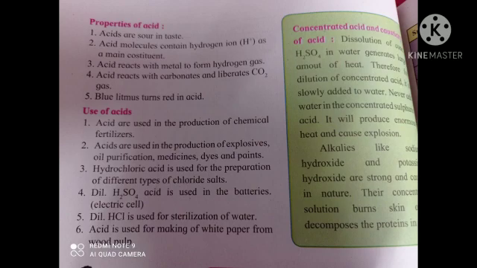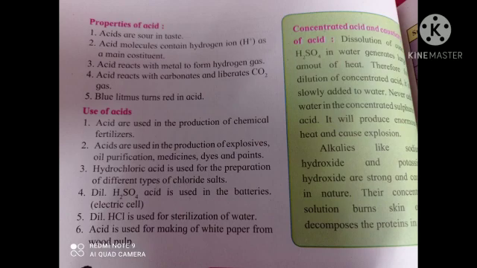Use of acids. Acids are used in the production of chemical fertilizers. Acids are used in the production of explosives, oil purification, medicines, dyes and plastics. Hydrochloric acid is used for the preparation of different types of chloride salt.